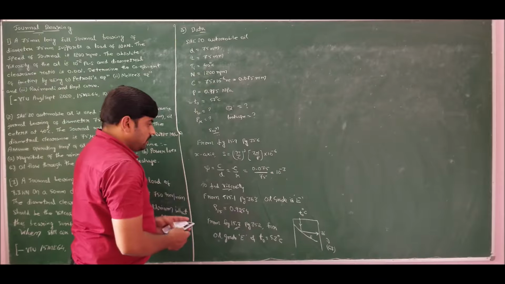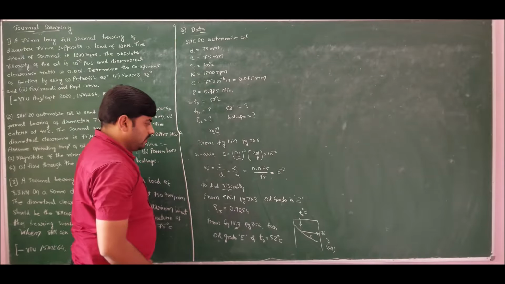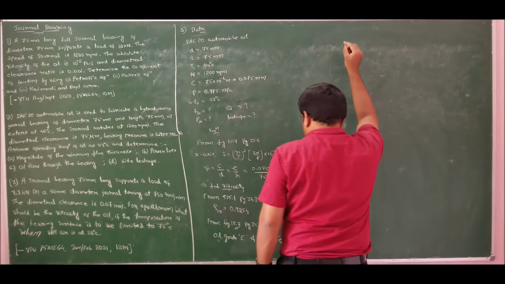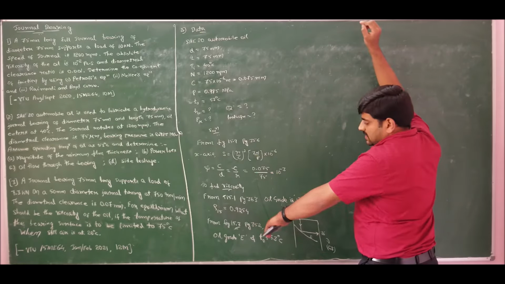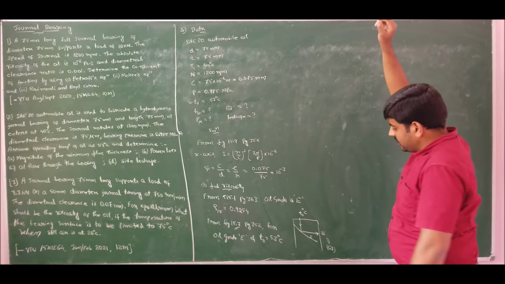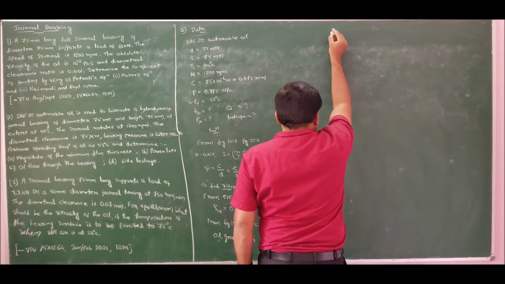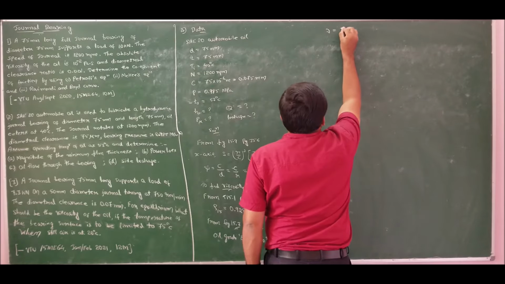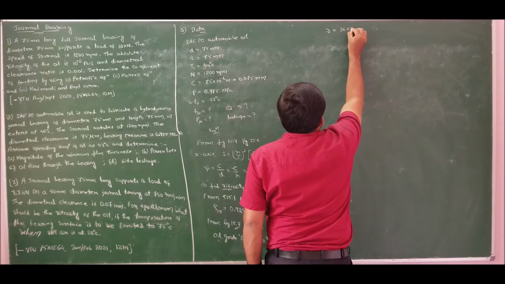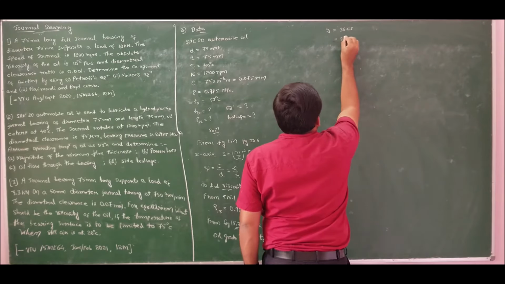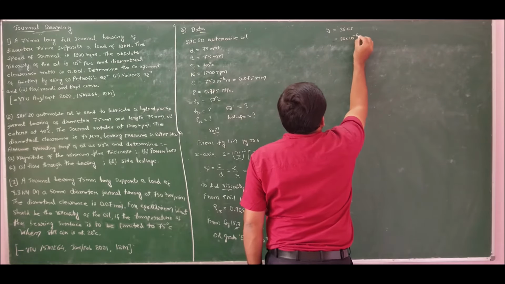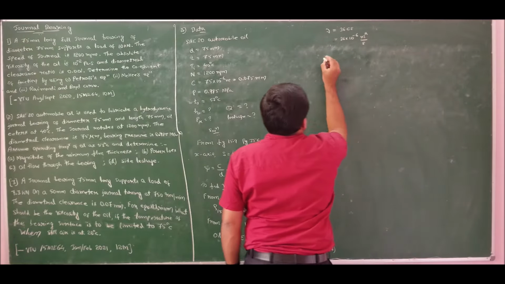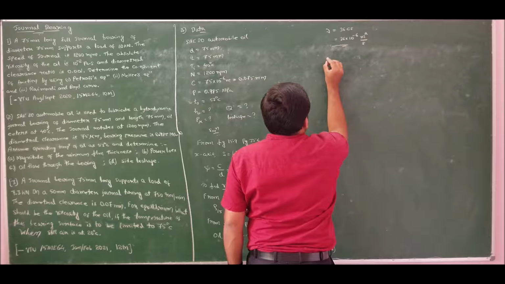On that page itself, we have the conversion to find the value of dynamic viscosity, at the bottom of page number 352. The kinematic viscosity is 36 centi-Stokes, which is equal to 36 into 10 to the power of minus 6 meter square per second.